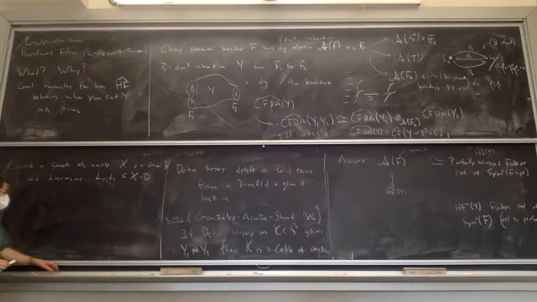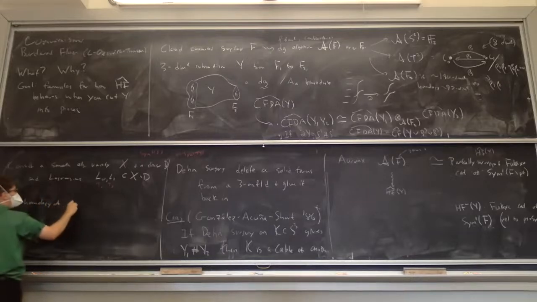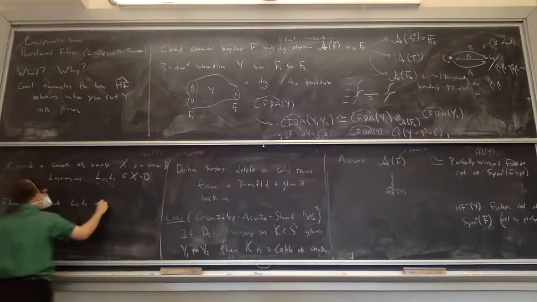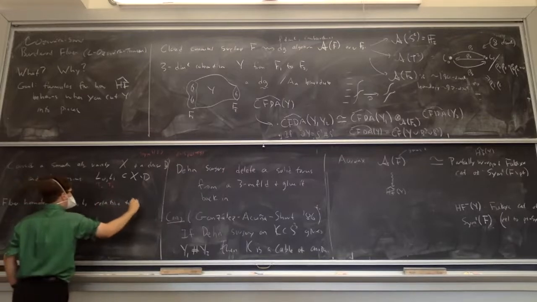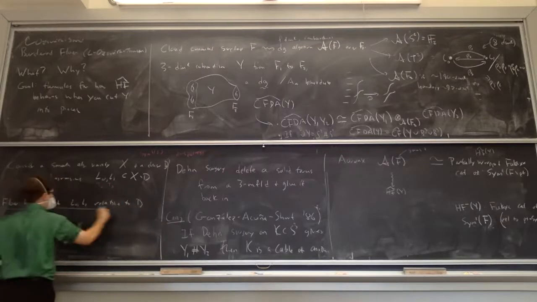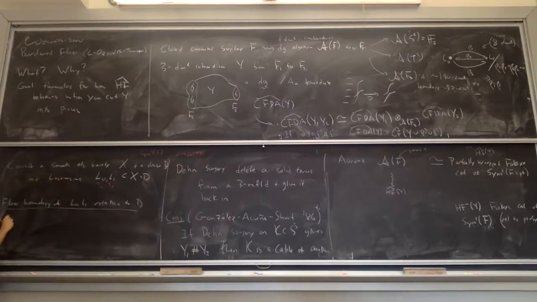Okay. So the Floer homology of L0 and L1 relative to D. This has been studied by various people, but one person who has made some of the main contributions is Nick Sheridan, and this is described nicely in some of his papers.